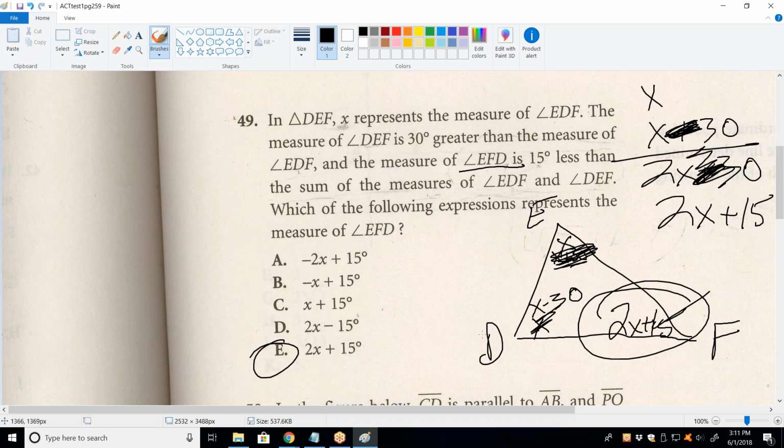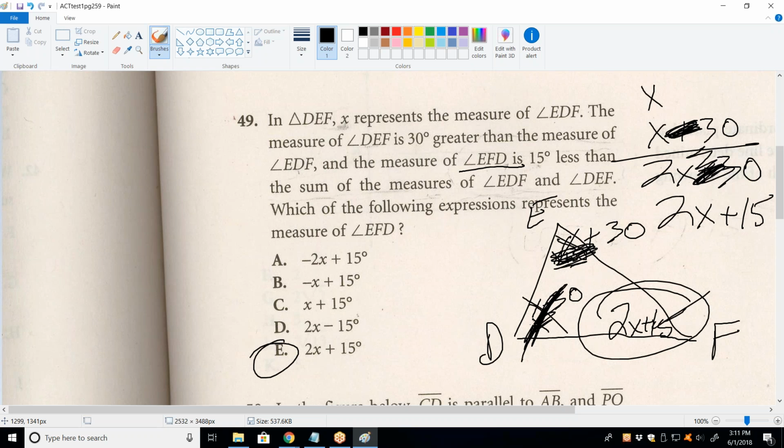So it actually appears that I might have made a math mistake, because I can't imagine that it matters. But you don't want to work with negative signs if you can help it anyway, right? So if I have to choose which one to make x, E or D, I'm making D x because it tells me that E is 30 degrees greater than D. So this is clearly x plus 30.